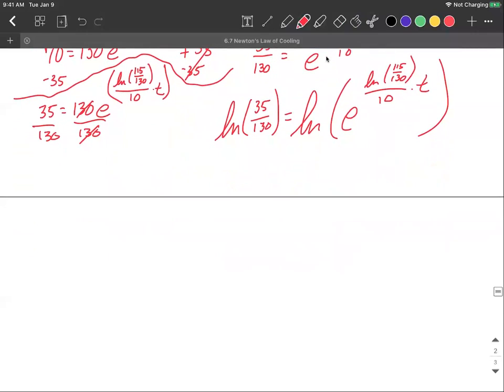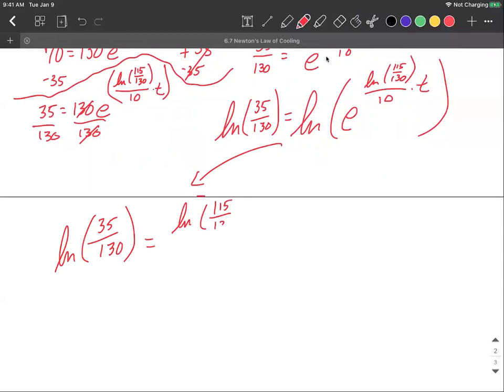So we're just left with the exponent. Natural log of 35 over 130, bringing that down, equals just the exponent, natural log of 115 over 130 divided by 10 times t.